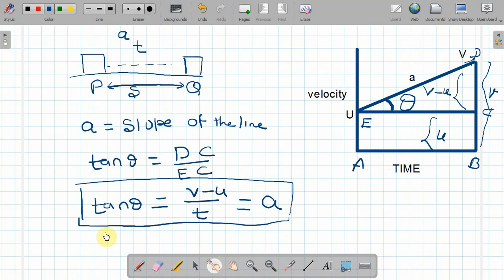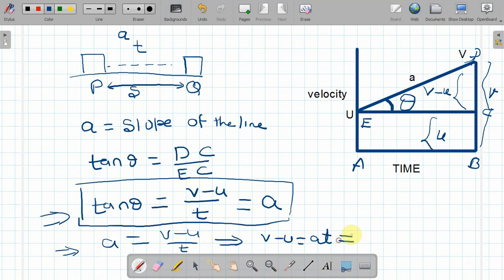Now further simplifying this equation, let us move forward. A is equal to (V minus U) by T, which implies V minus U is equal to AT, which again implies, bringing this U to the right side, V is equal to U plus AT.